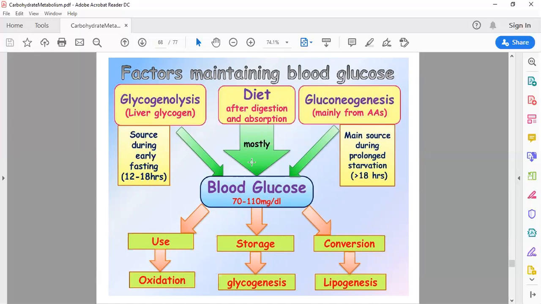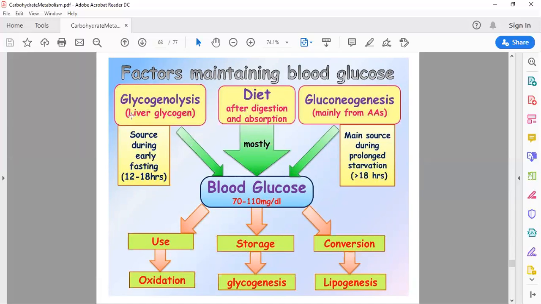In the normal situation, the blood glucose level is 70 to 110 milligram per deciliter. Mainly the supply of glucose is through the diet after digestion and absorption.